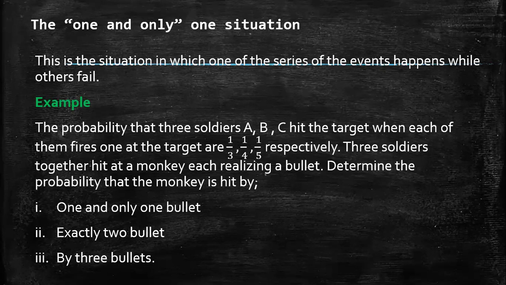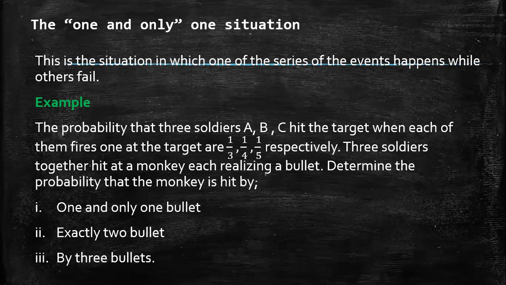We are given that the probability of A hitting the target is a third, B hitting the target is a quarter, and C hitting the target is a fifth. The three soldiers are together aiming at hitting a monkey, each releasing a bullet.